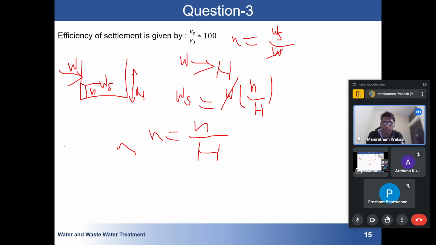And we know that velocity is equal to distance upon time. So this small h is settling with the settling velocity of that particle, that is Vs. Then this small h will be written as Vs into detention time, that is dt.